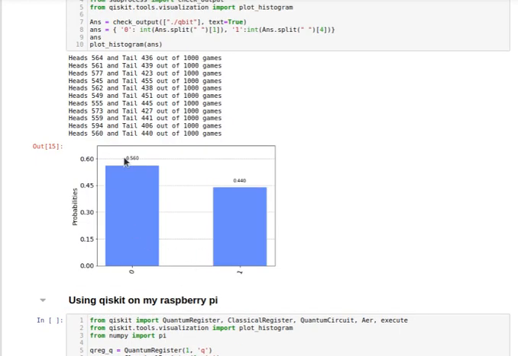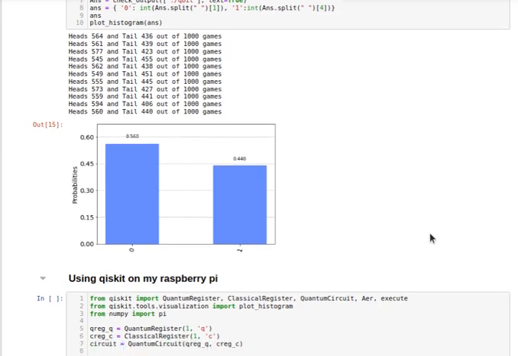As you can see, the probability of getting a head is much more than getting a tail here. It's almost 55 to 56%, I would say, and 44% is getting a tail here on classical computers.